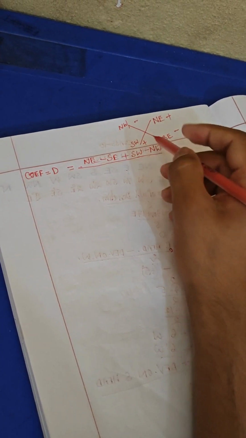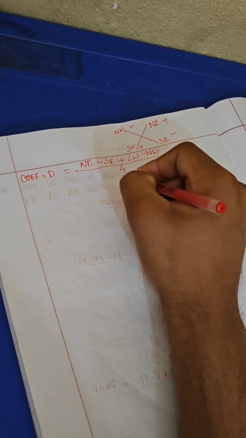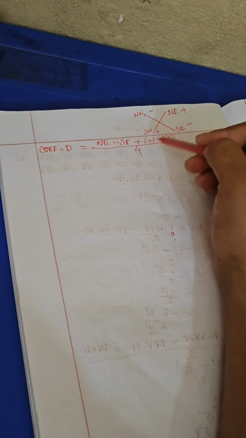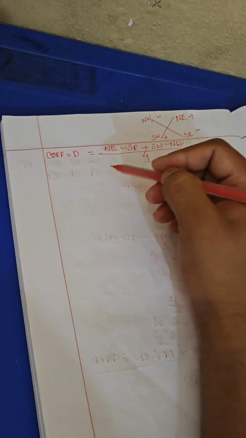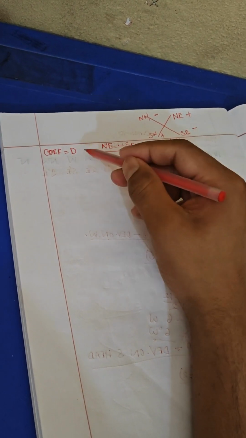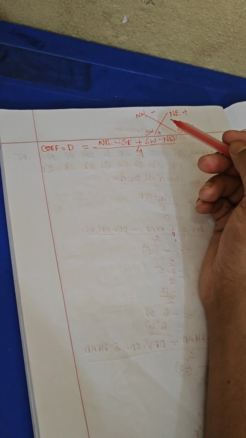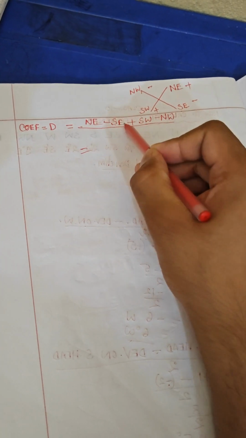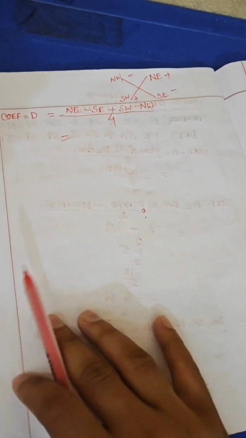Since we are using 4 headings, we will divide it by 4, correct? I think you understand how I group together and how I add this. This is the formula for finding the D coefficient. Okay guys, so we will check the deviation for northeast heading, southeast heading, southwest heading and northwest heading.